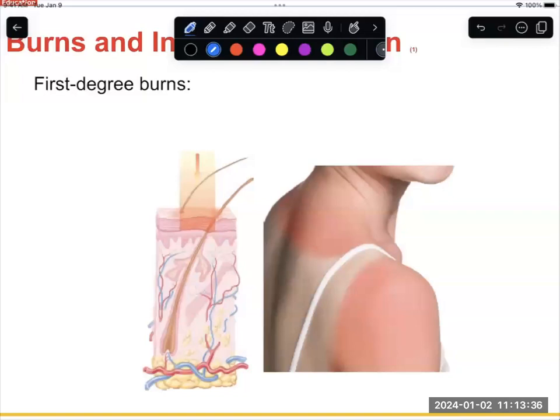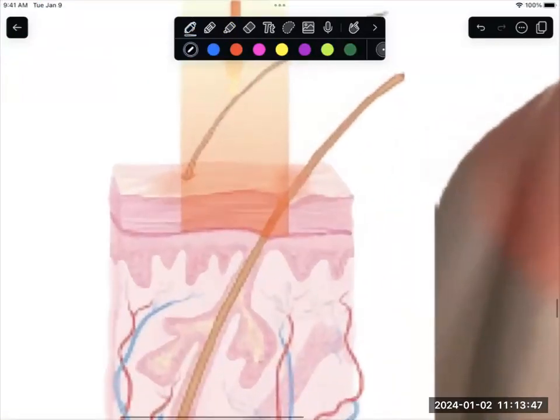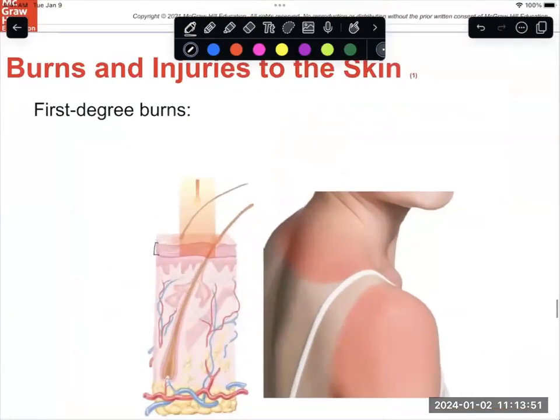First-degree burns require no medical attention and they don't really leave scarring because they only go through the epidermis, the first layer of skin, and these cells can reproduce themselves very well, which leaves very little scarring.